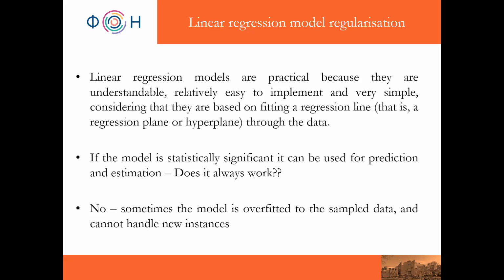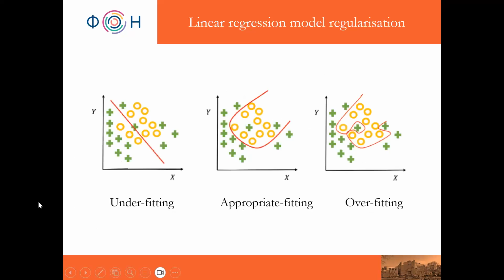So, for example, you have some data, you create a model on your data, and you're inserting new data in your model, but that data highly differs from most of the data you have collected. So in those cases, your model can go wild and cannot handle new instances in a good way.